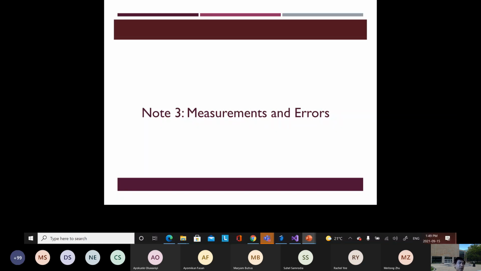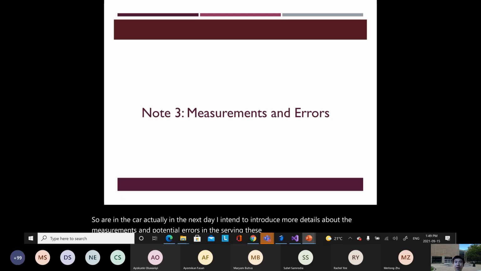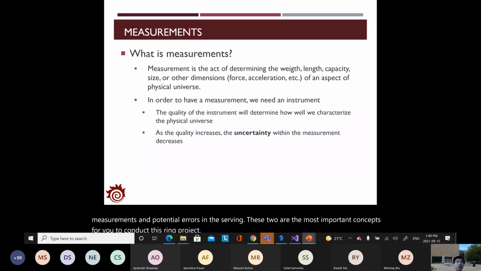So in the lecture today, I intend to introduce more details about the measurements and the potential errors in surveying. These two are the most important concepts for you to conduct the surveying project. So first of all, we have to know what is measurement.